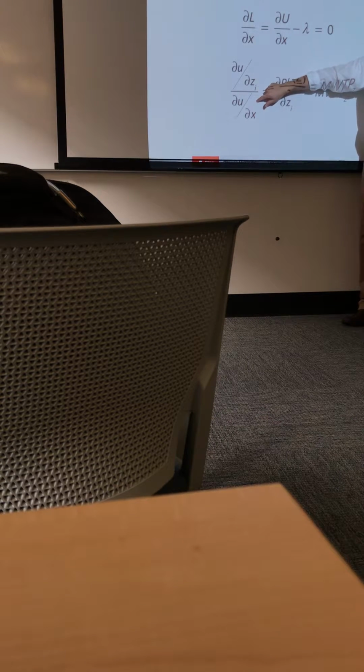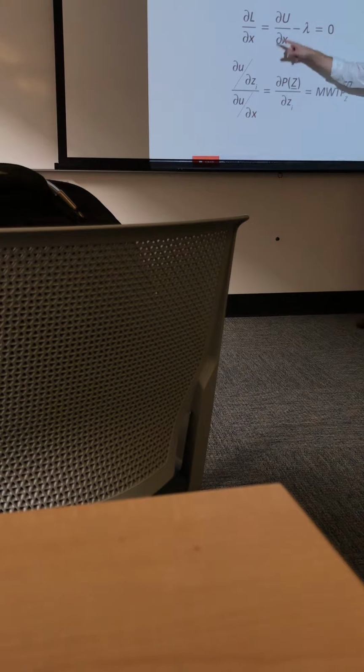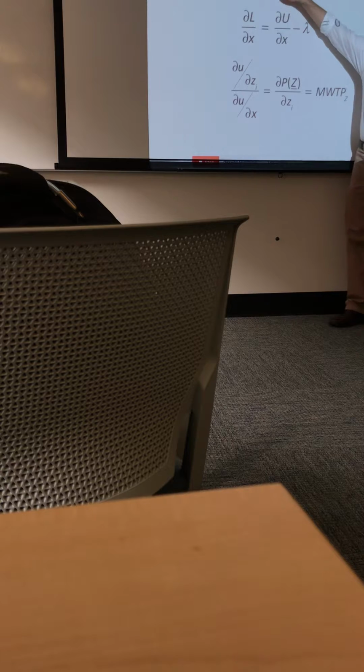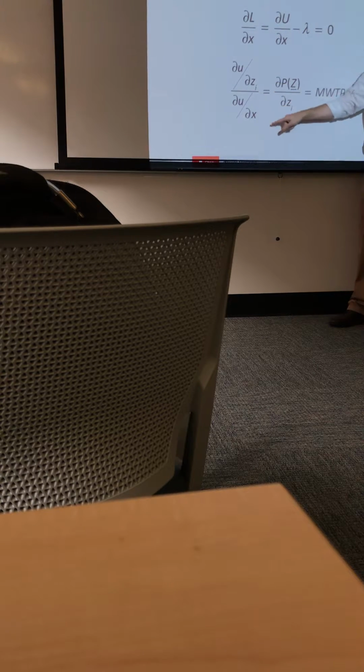Okay? And if this was apples at Harris Teeter, then that willingness to pay would be equal to the price of apples. But here we don't have a price of apples, right? Because we don't have a price of air quality because it's not marketed in a store. But the theory here, if I take these two first order conditions, I take this part over to this side, I take this over to that side, I take the ratio of those two marginal utilities, lo and behold, that marginal rate of substitution turns out to be equal to the derivative of that hedonic price function with respect to Z, right?